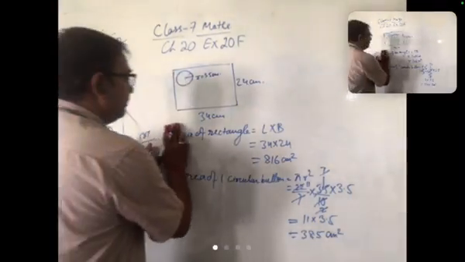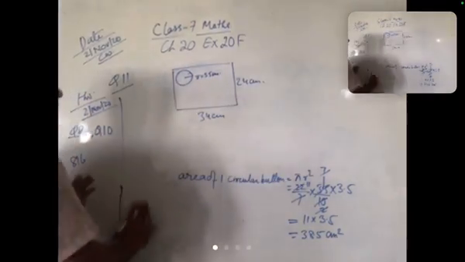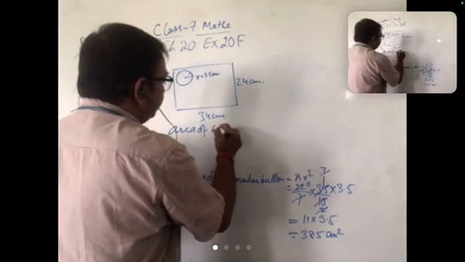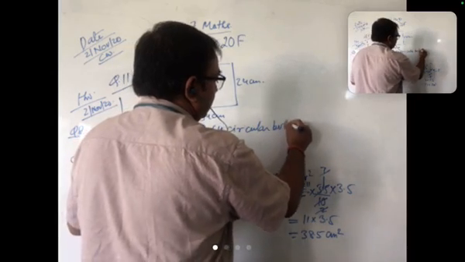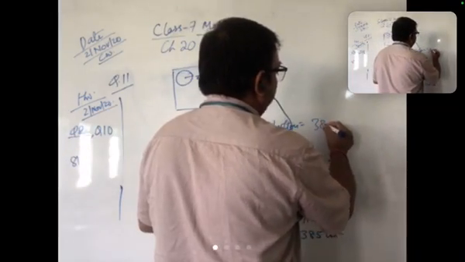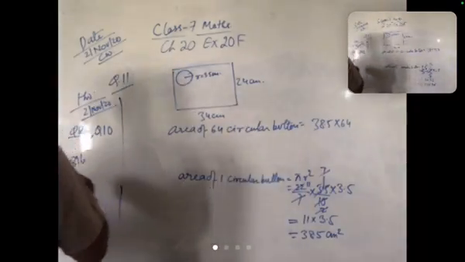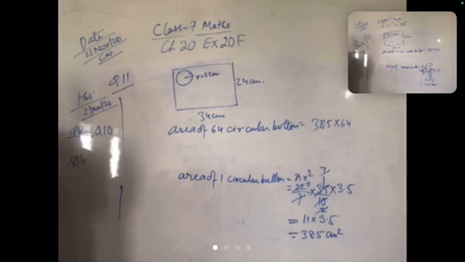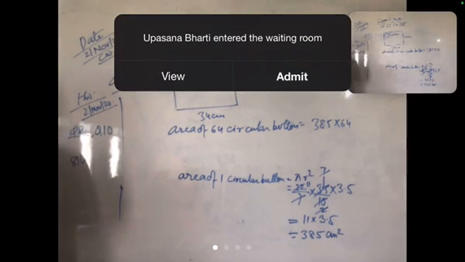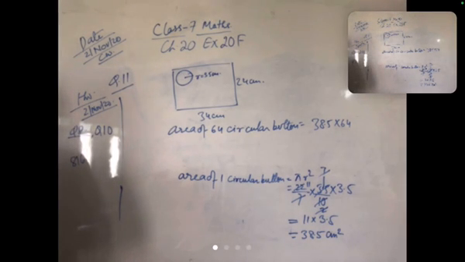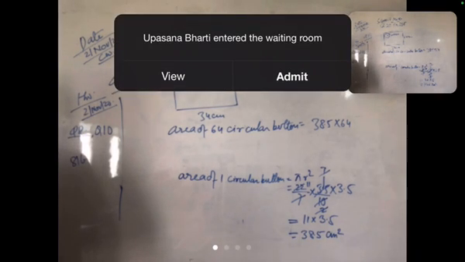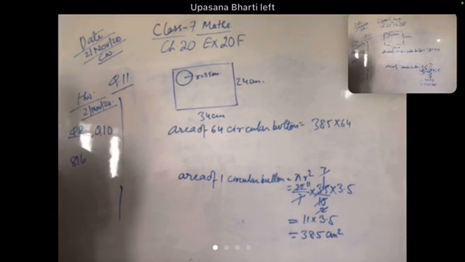Now we have to find the area of 64 circular buttons, which is equal to 38.5 times 64. Sir, 2464.